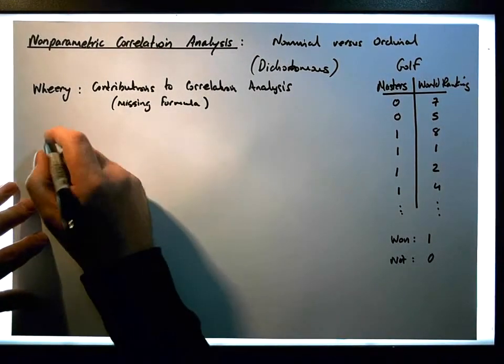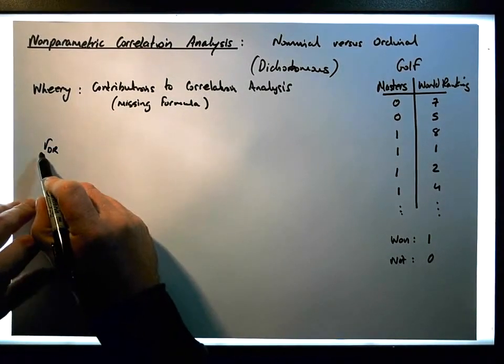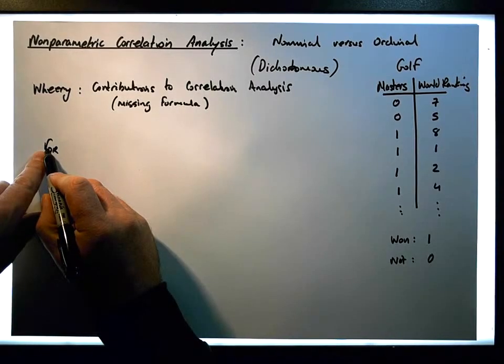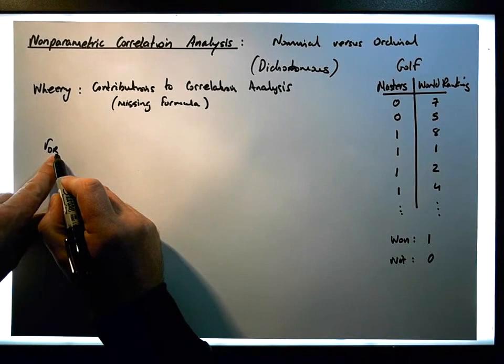situation is defined by r subscript dr, r being the correlation coefficient, the typical symbol used for a correlation coefficient, dr meaning it's a dichotomy against a ranked variable.